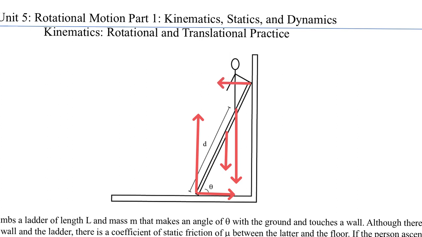All good? Okay. Truthfully, the way we're doing the problem is correct, except these are the forces as they act on the ladder. Understand, this does not tell us what is safe for the person. The forces acting on the person are different and are at a different angle. Them falling off the ladder will be due to them being above the ladder with their center of mass here. Everyone understand?